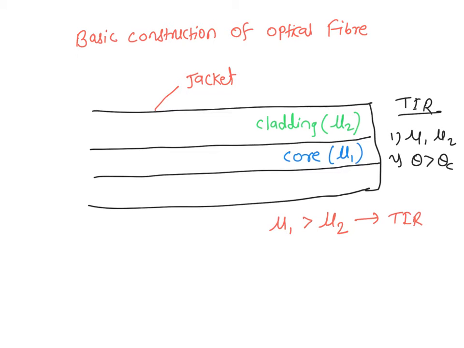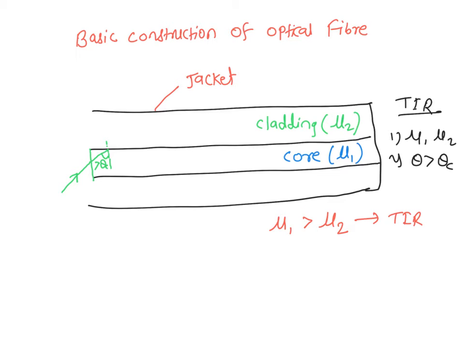Now see how it basically works. Simply imagine that light is coming from this medium. We send the data signals in such a way that whenever they enter the optical fiber, they hit the wall of the core at an angle greater than its critical angle, because then total internal reflection will be possible.